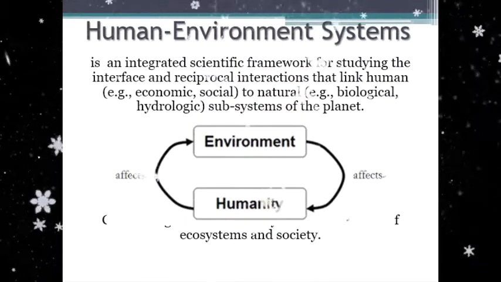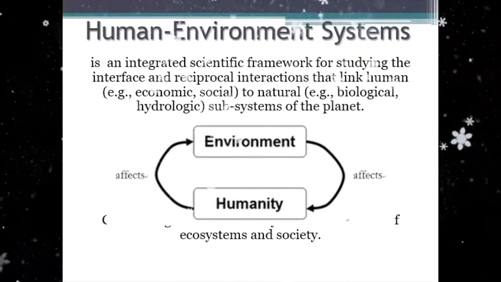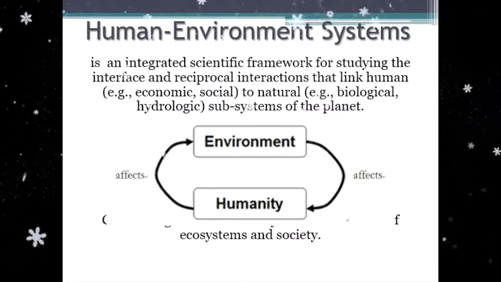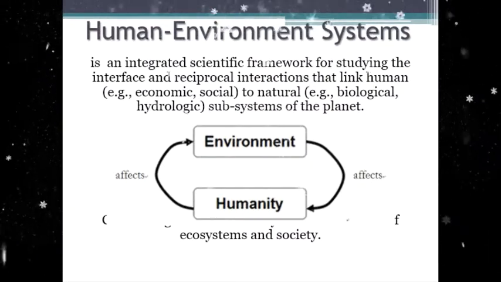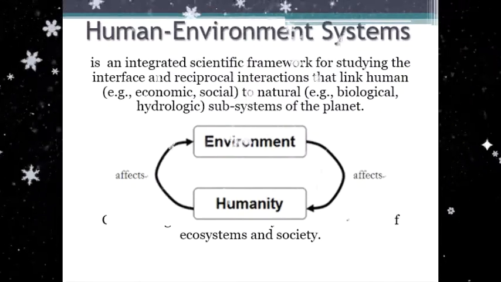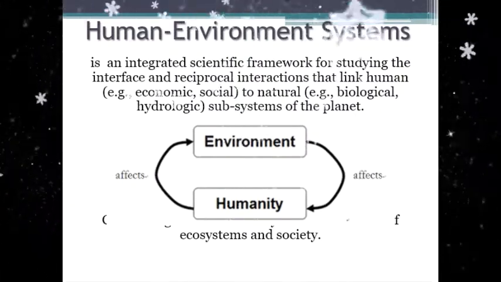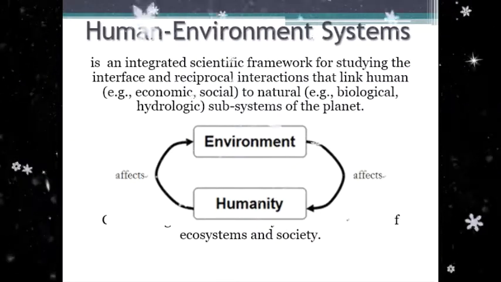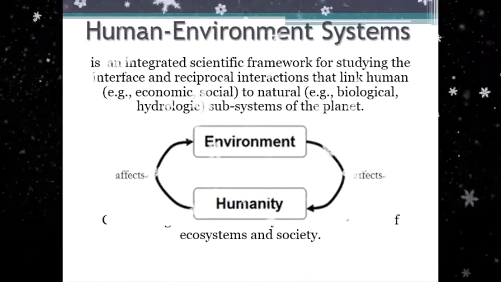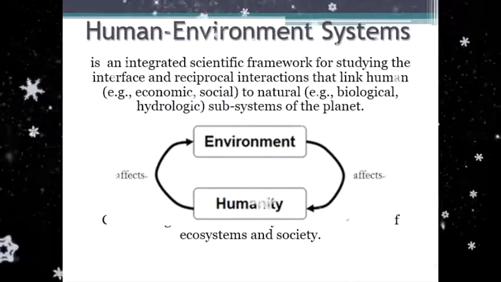What you do to the environment will also affect you if you are not protecting the environment, or if you don't care or are not concerned with the environment, then it will also affect us human beings.